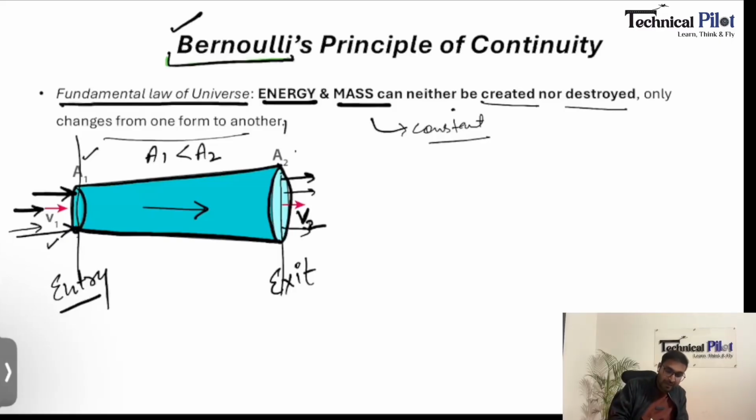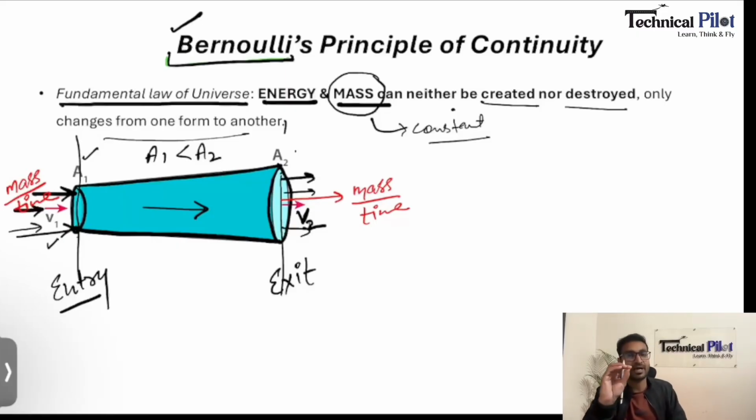Bernoulli said that if mass of this universe is constant, mass can neither be created nor be destroyed. Whatever mass is going in per unit of time, the same mass must be coming out per unit of time. In 1 second or 1 minute, whatever mass will enter into the tube, the same mass has to come out, because mass can neither be created nor be destroyed.